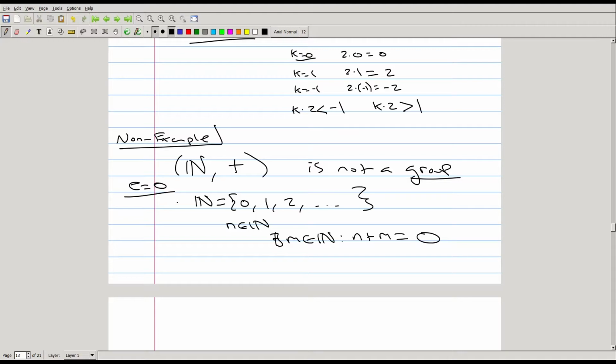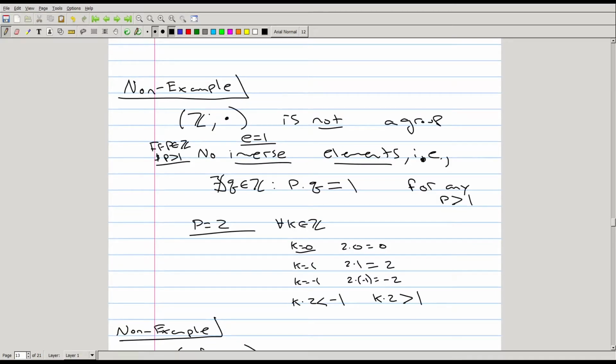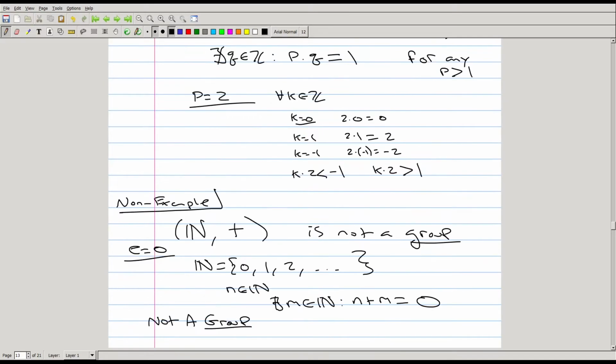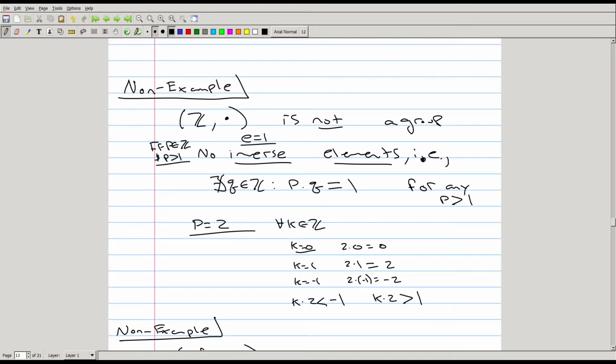So because there are no inverse elements, this is not a group. However, each one of these is an example of a monoid, because addition in this case is associative in the natural numbers, and multiplication is associative in the integers.